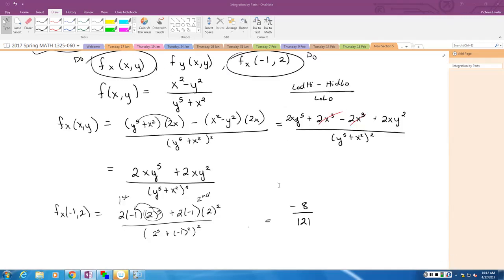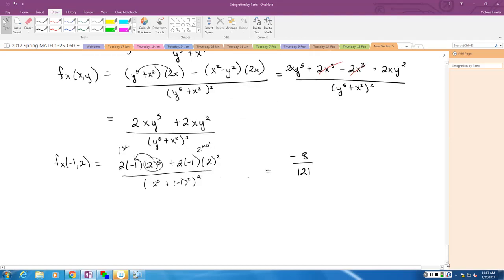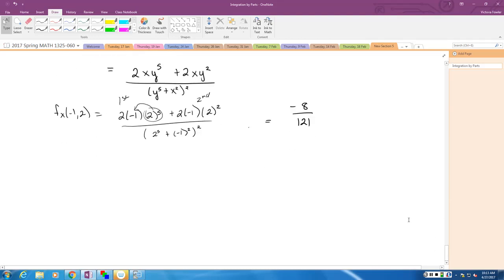Okay, so we've gotten this nice answer here. We found the partial derivative of f with respect to x. I could actually ask you on the same problem, but I wouldn't for this particular one. I could ask you to go further. I could say find the second order partial derivative. And the way that that would look, so these are second order partial derivatives.